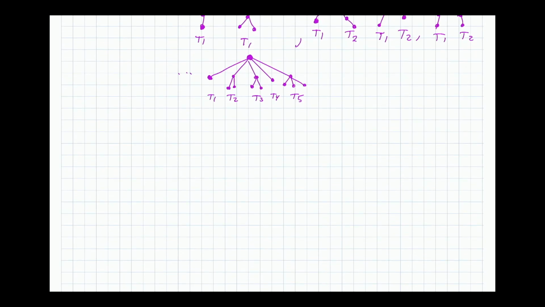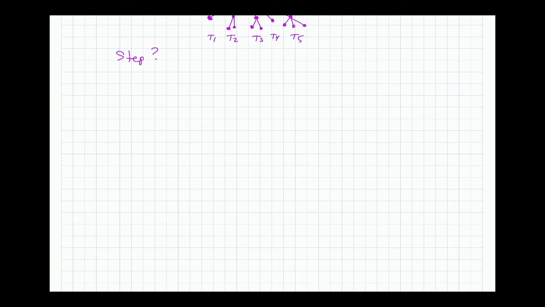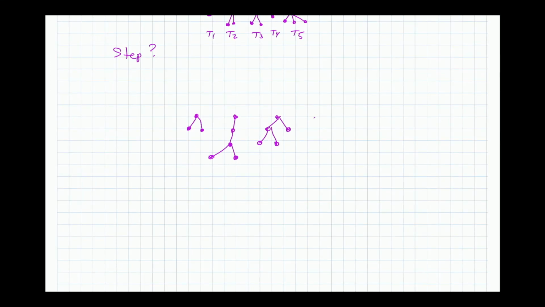So you could have lots of really complicated looking things where you could have one of these, and then you could have one of these, then you could have one of these, a single dot.